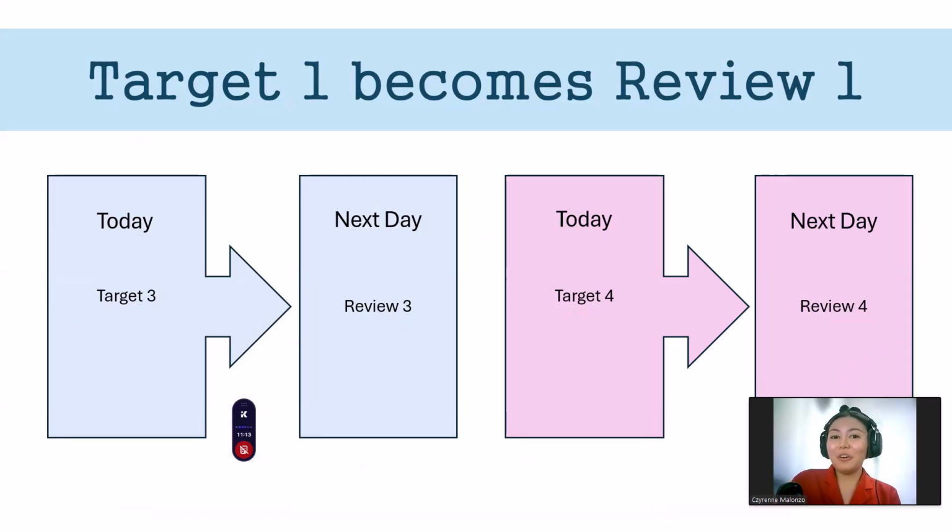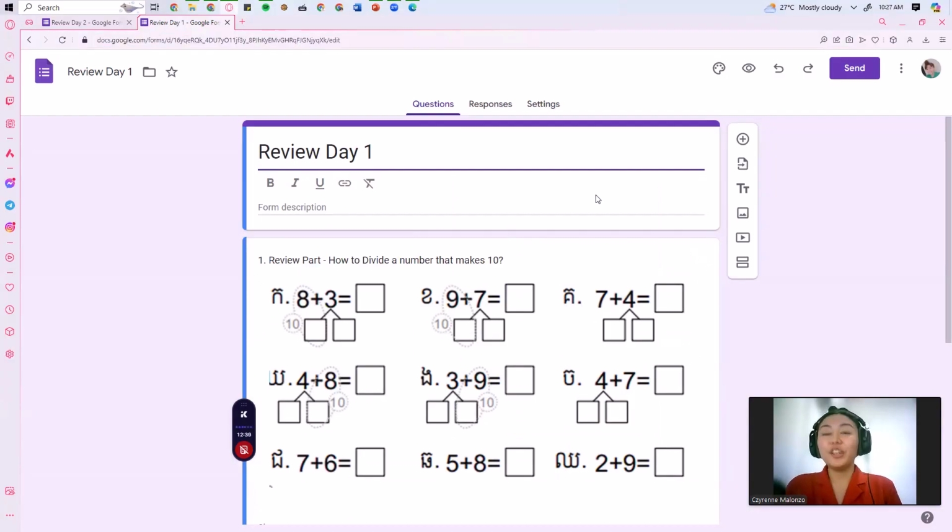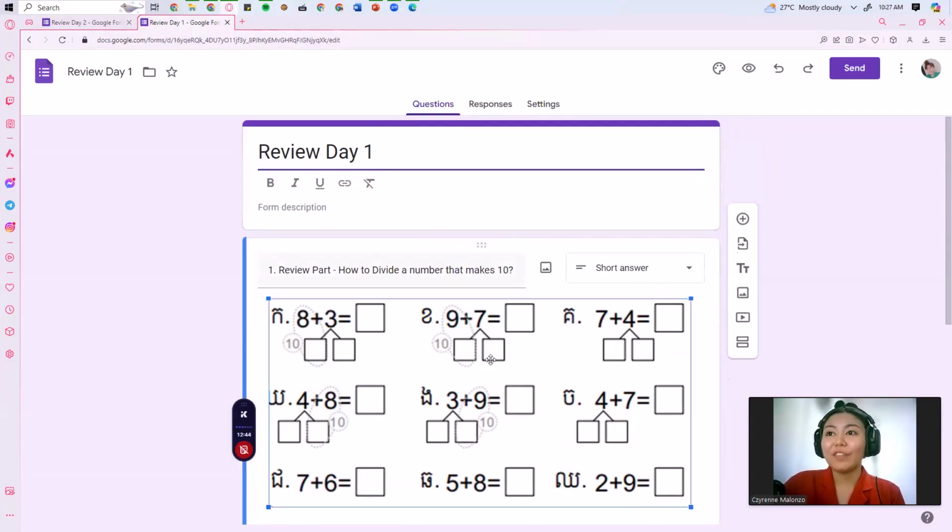So I hope this presentation will help you and you can use Google Forms every day because it is a nice part for the students to be able to learn ICT and every day, I mean, they can look back at it every time. So that is another point for reviewing. So here is an example of a Google form. Again, review day one, we have this.